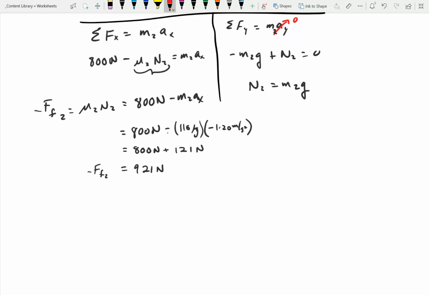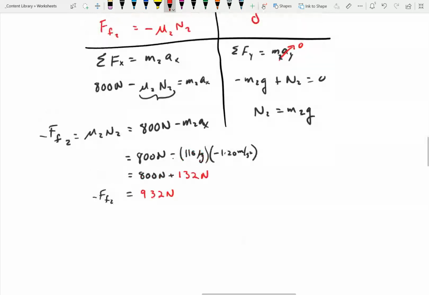But 10 times 12 would be 120, so it can't be 121. What am I thinking? I have 110 times 1.2. It's 132. Wow. I don't know what I did before, but that's not what I got before.